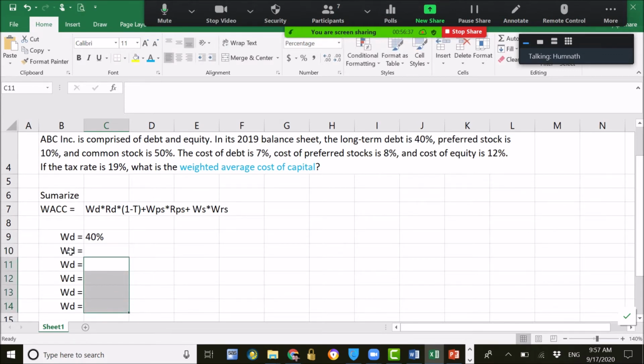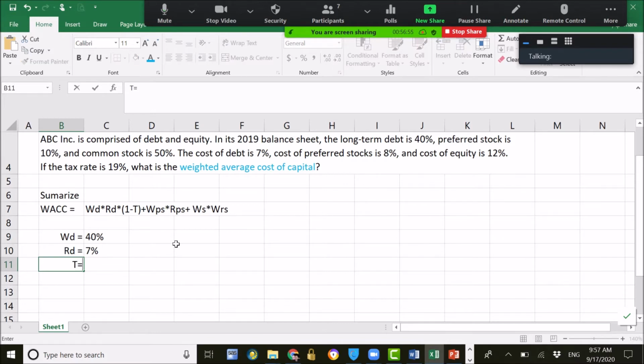All right. So what is the second thing we are doing? RD, right? What is our RD? 7%. Okay, thank you. And then what next in the formula? The tax rate, right? What is the tax rate? 19%.